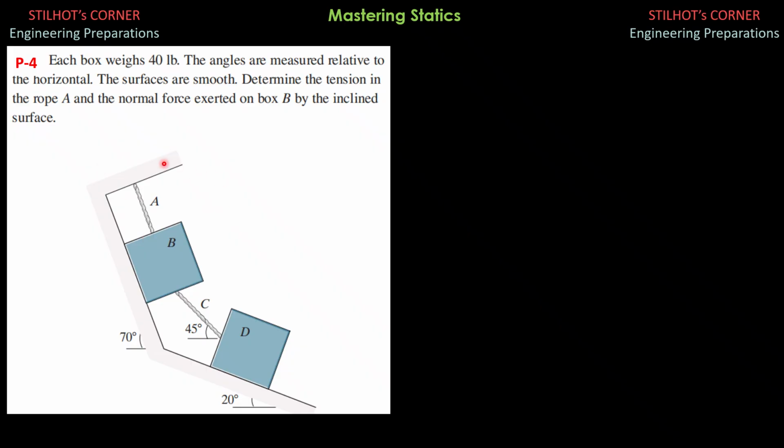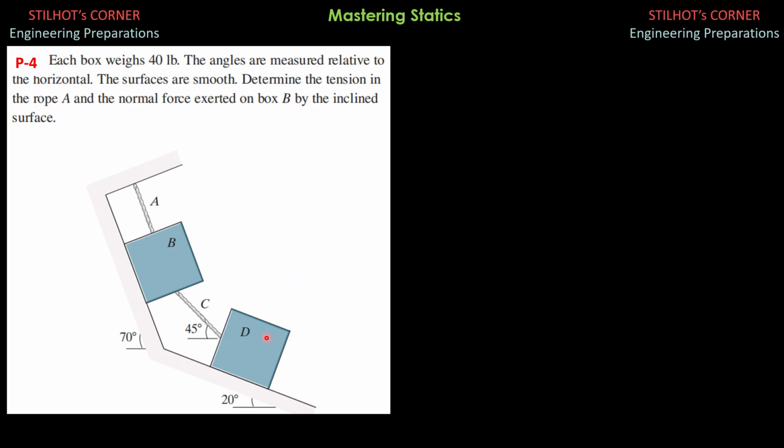So we cannot determine directly the tension in A and the normal force exerted on box B by the inclined surface. So we first analyze this body D here by computing tension C and the normal reaction at D.